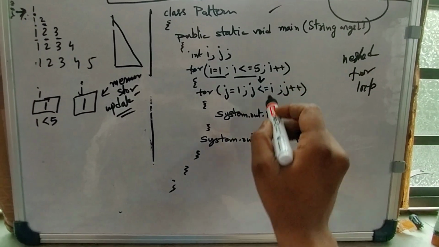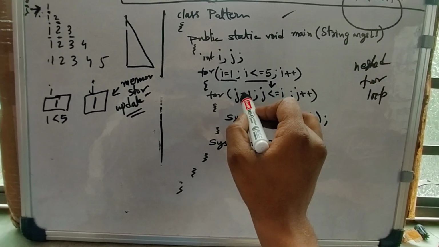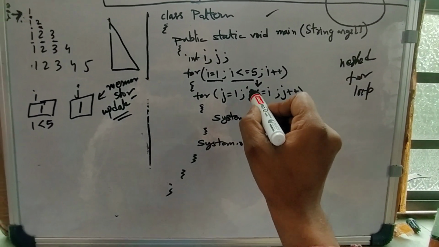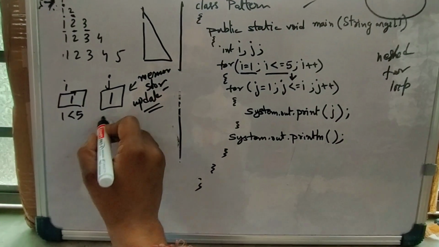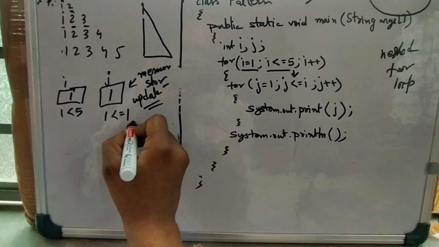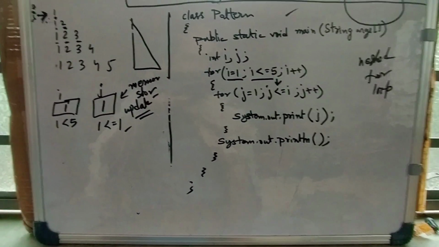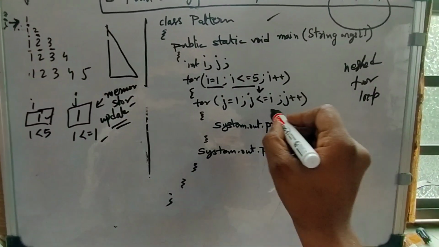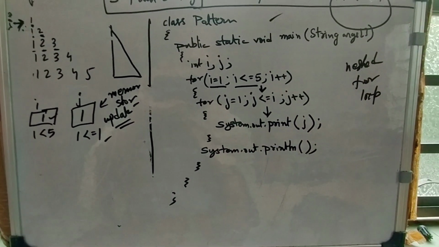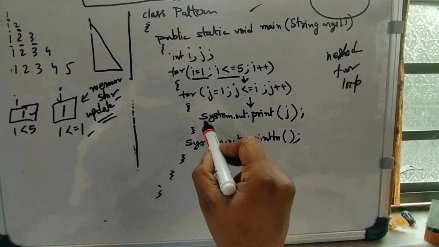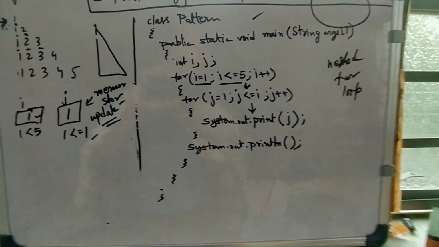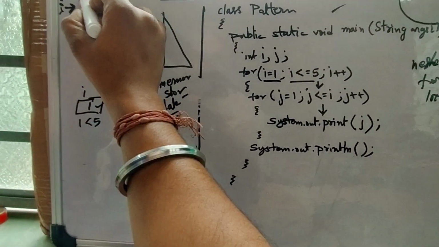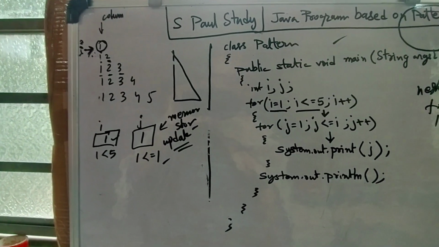So here it will store 1 in j, and then j less than or equal to I. 1 less than or equal to 1, yes, the condition matches; the I value is 1. Hence it will go down and print System.out.print(j). The value of j is 1, it will print 1. Printing of 1 is done.